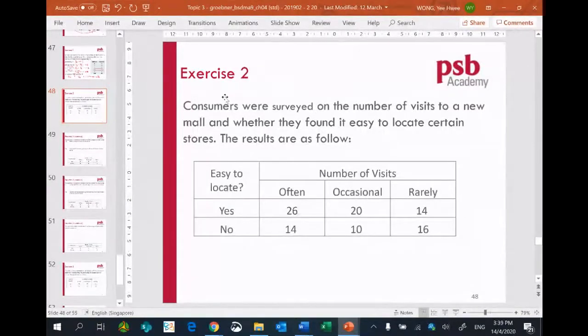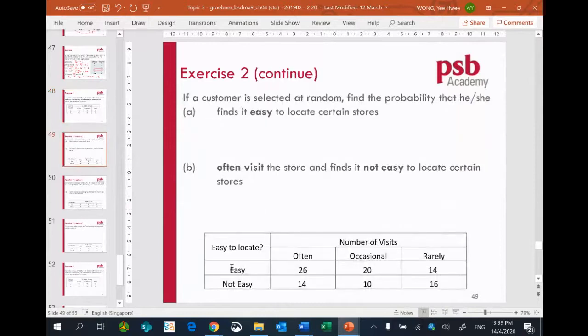You are going to find out the chance that someone always goes to the mall but finds it difficult to find certain stores. No or yes. No means not easy, yes means easy. So on the next page you just put it as easy and not easy, so that correlates to what you have in this question.